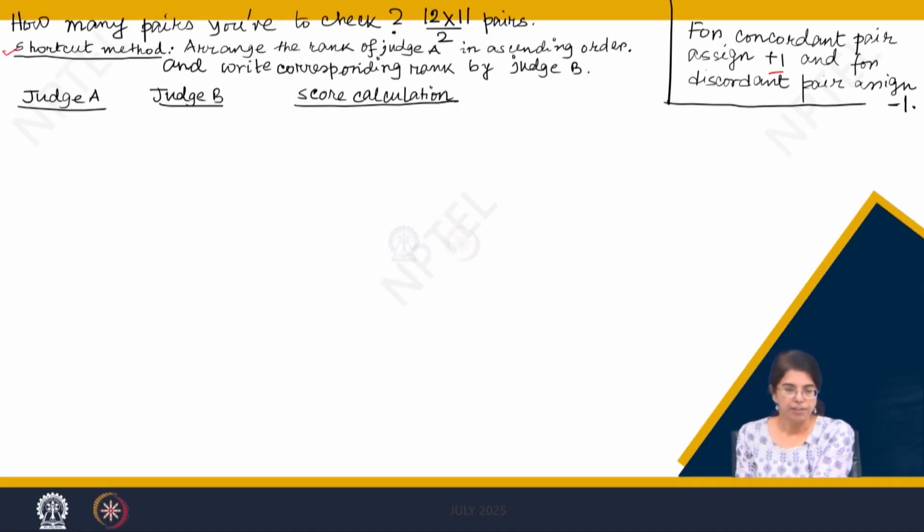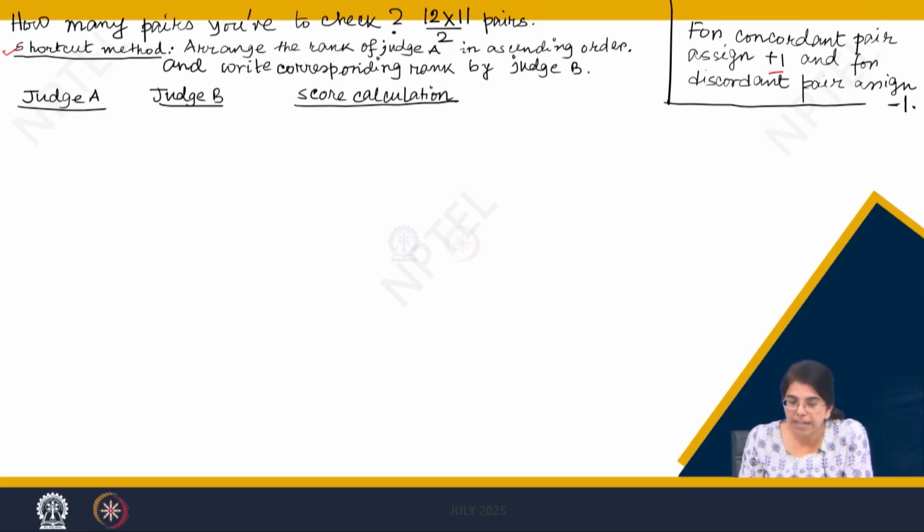Judge A. So what we are doing? Arrange the rank of Judge A in ascending order and write the corresponding rank by Judge B. What is the convenience when we do it like that? Since your ranks are coming in natural order, there is no time wasted checking for x1.